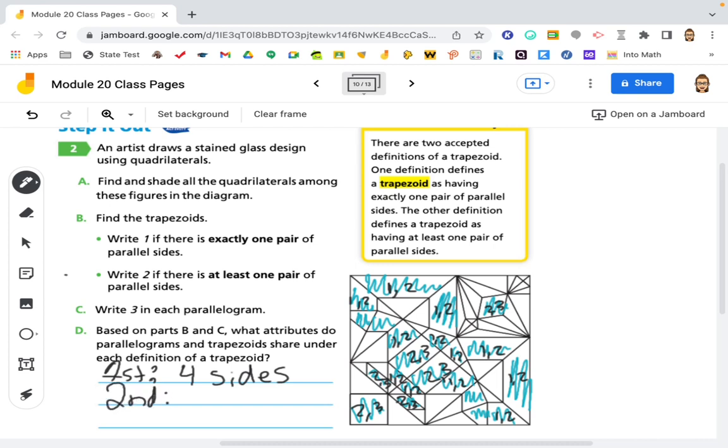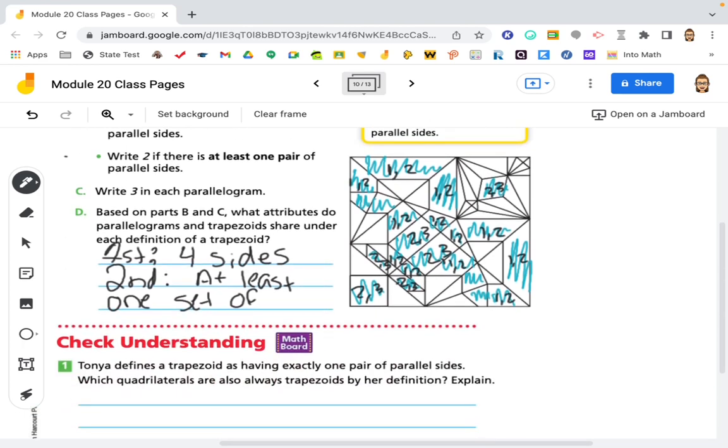Second definition, at least one set of parallel sides.